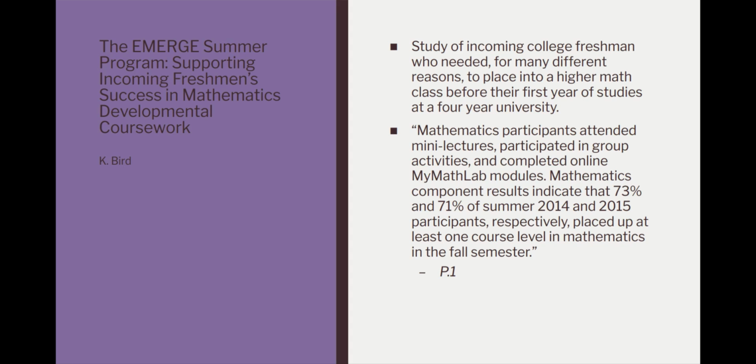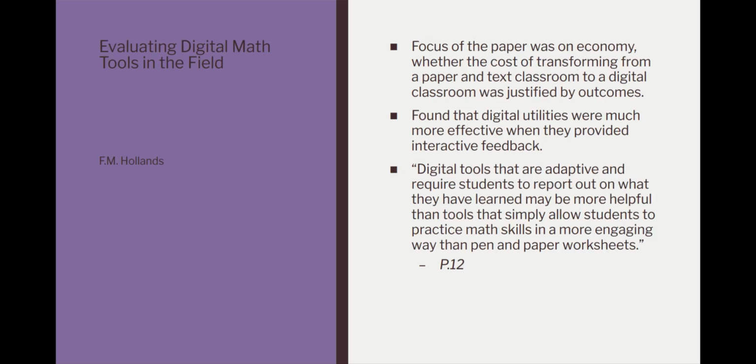The Emerge program is designed to raise by one grade level the math understandings of incoming freshmen for this particular university. This was a highly successful program. You see on screen there that 73% and 71%, respectively, for 2014 and 2015 of participants were able to advance one course in their math program. And My Math Lab specifically was an important utility towards doing this.